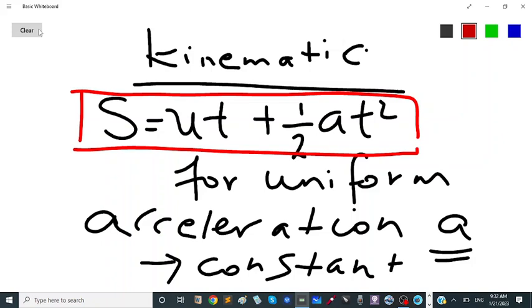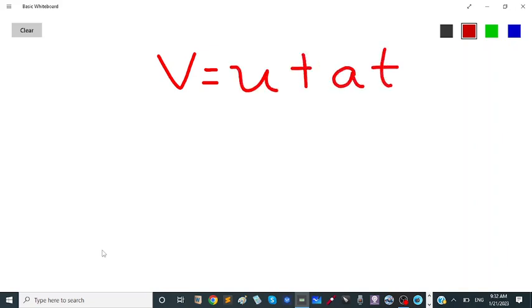Okay, now the other formula is the velocity formula, v equals u plus at. Here u is the initial velocity and v is the final velocity.